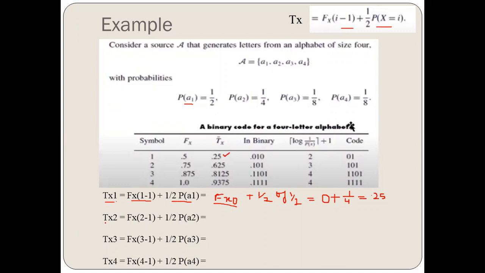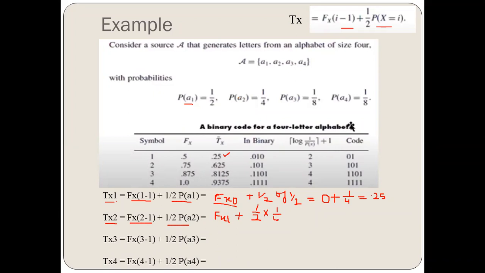Now let's find out the tag for A2, Tx2. That will be equal to, again, Fx(i minus 1), meaning 2 minus 1, Fx 2 minus 1 plus half of probability Ai. Ai is now A2. Now this will be Fx of 1, right, plus half of A2, which comes in multiplication only. A2 is 1 by 4.